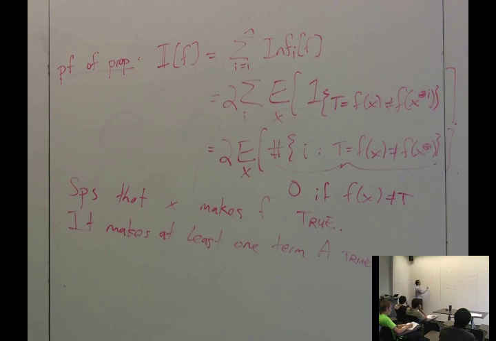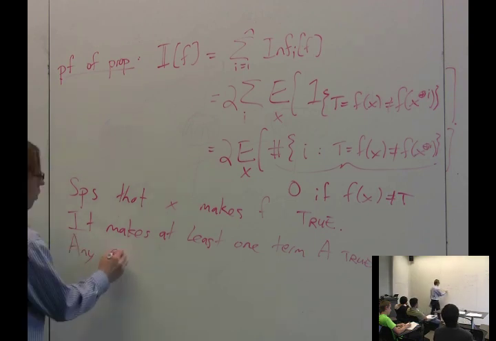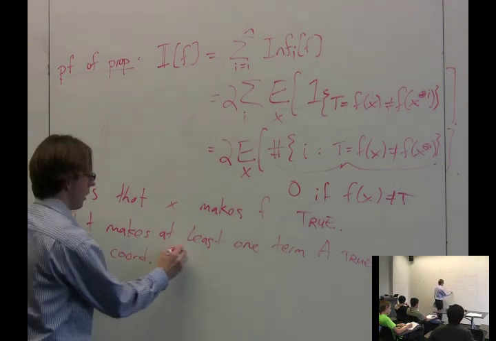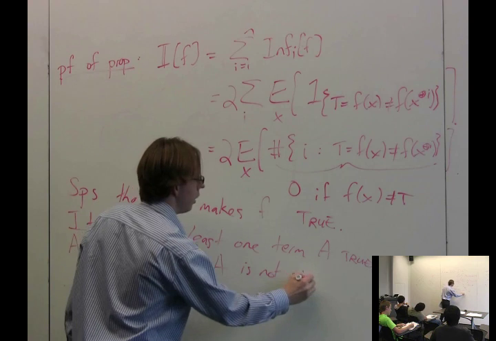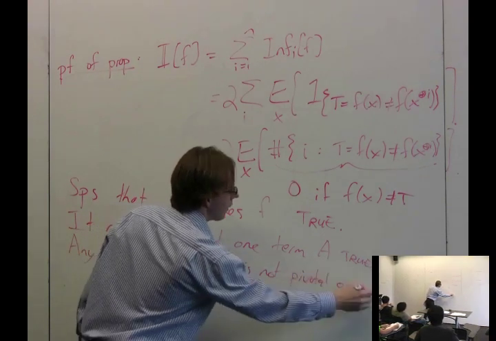Because for any coordinate that's not touched by this and, if you flip it, it's not going to affect the fact that this and is true. And as long as this and stays true, the whole function is true. So any coordinate not in A is not pivotal on x.